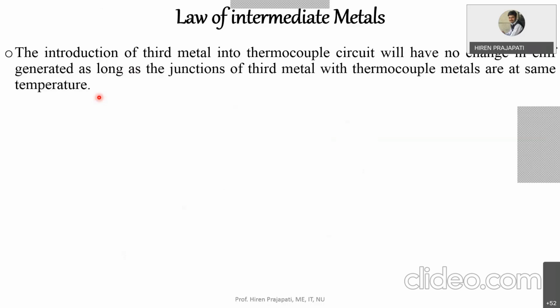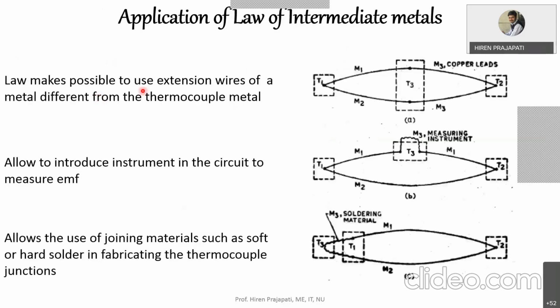How? Let's see. Here we have taken three applications where this intermediate law is helpful to us. If you look at the first case, M1 and M2 are thermocouple materials. The first junction is kept at temperature T1, suppose this is your hot junction.